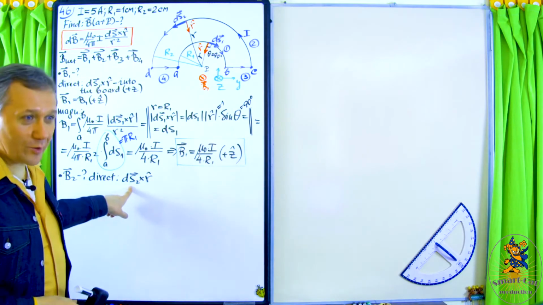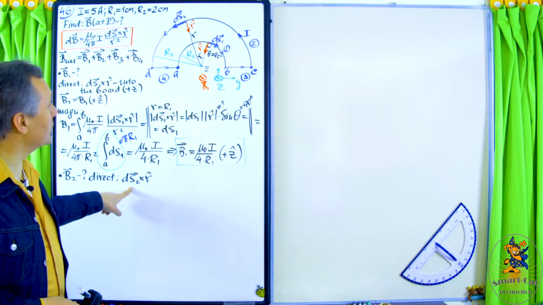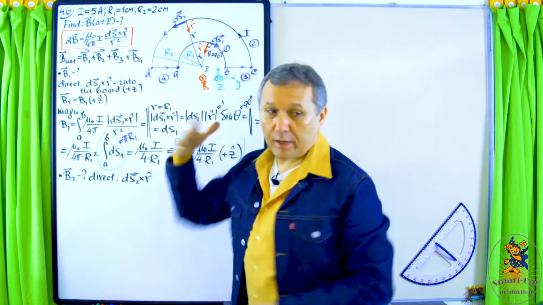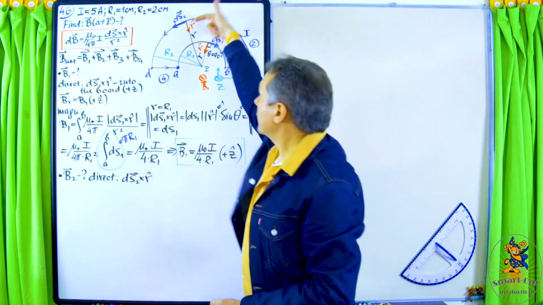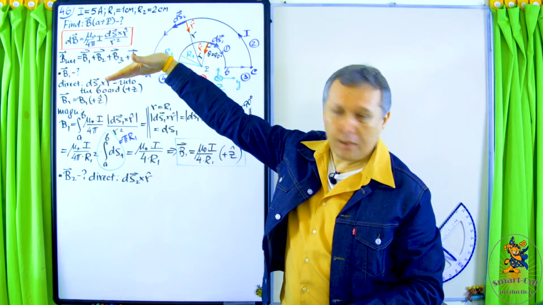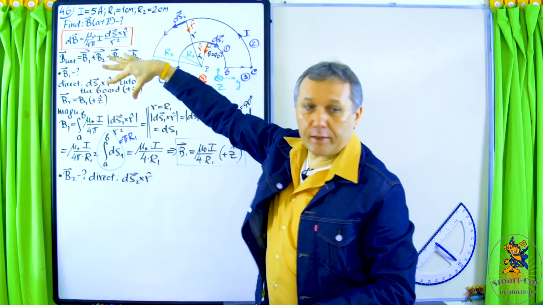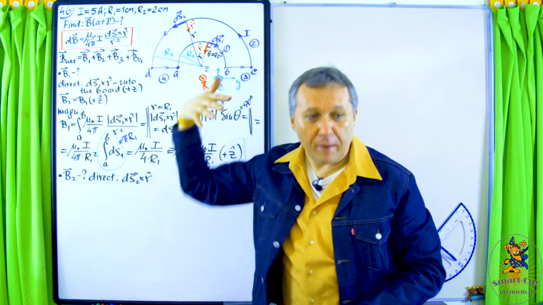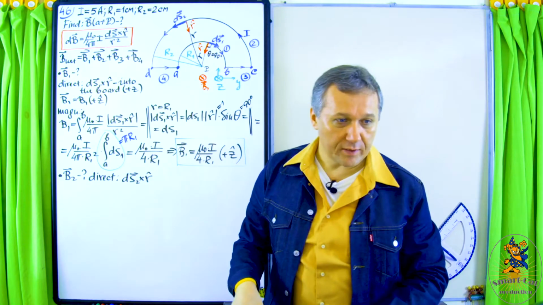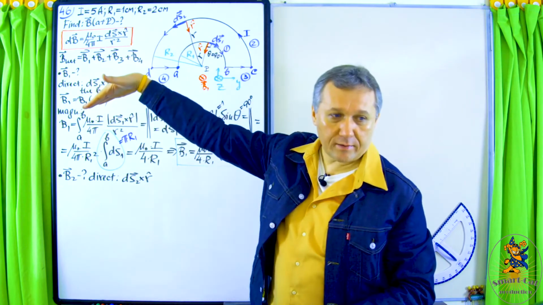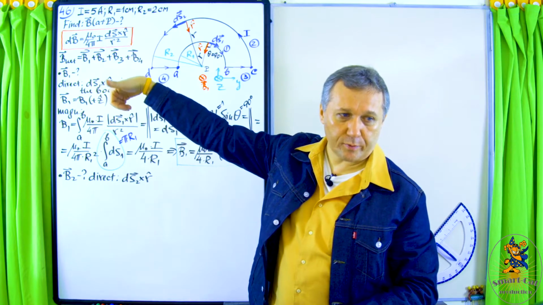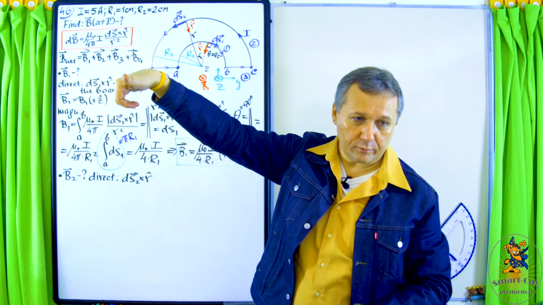So now back to this cross product, ds2 cross r hat. Again, right-hand rule number 1. ds2 goes that way, so I align my hand along that direction. Then I orient it so that I can bend my fingers in the direction of r hat, because that's the second vector in the cross product. My thumb gives me the direction of the cross product: out of the board, out of the screen.